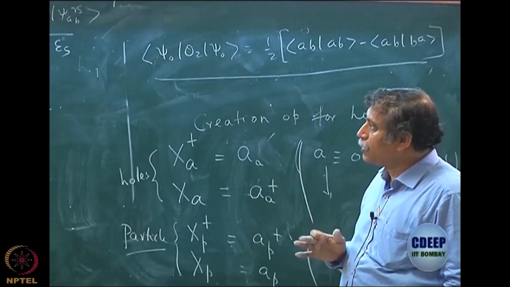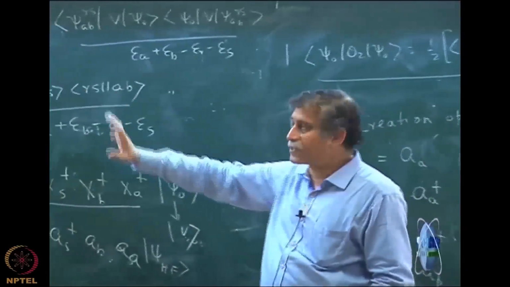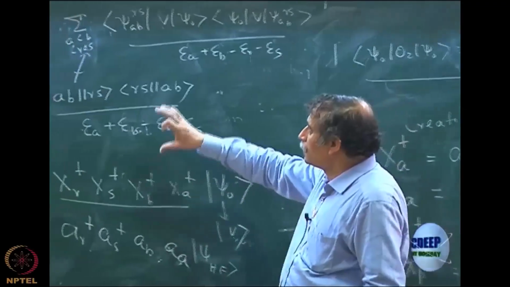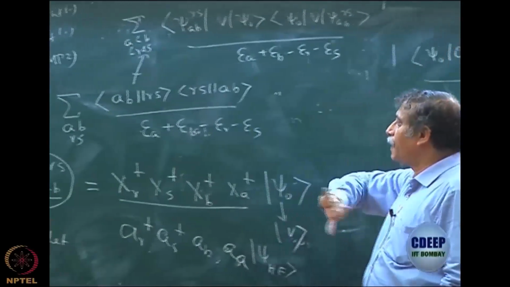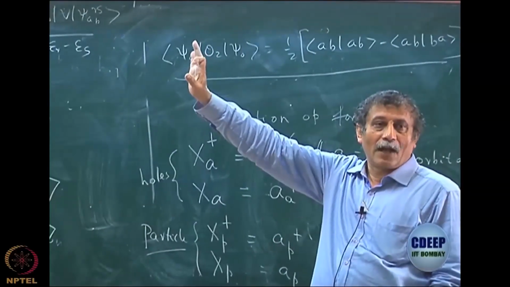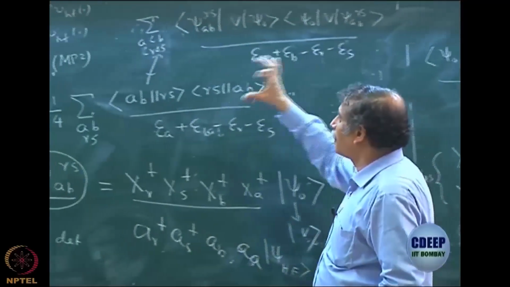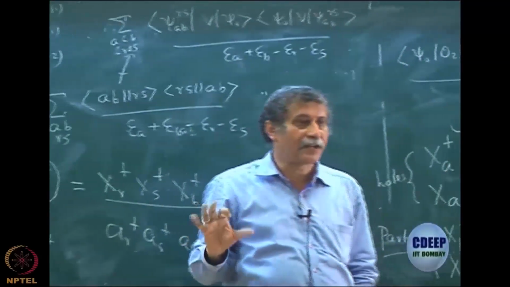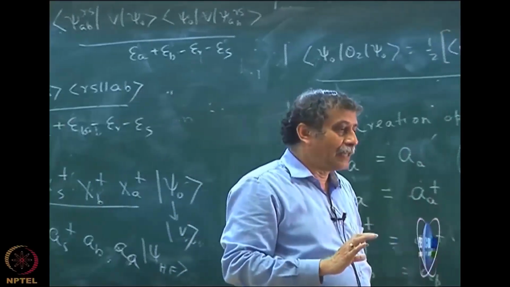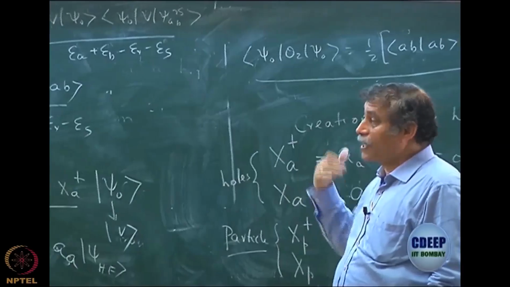So what I will do next time is give you the relevance of diagrams in terms of second quantization first, and then show with the MP2 algebra how I can transfer this into a very simple diagram. Once I know the rules, then every time I can draw a diagram, I can write the algebra immediately. The diagram will be much simpler, and then I will show in each order of perturbation how I can construct all the diagrams.